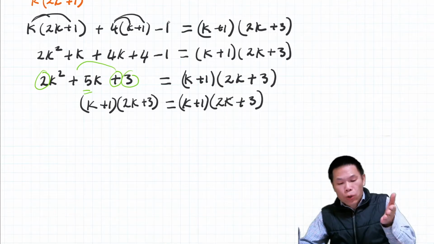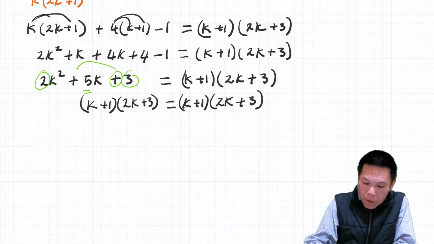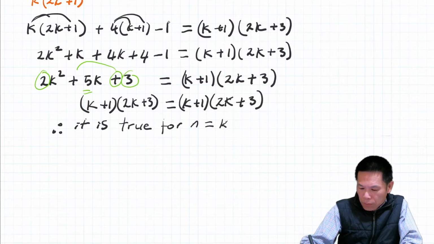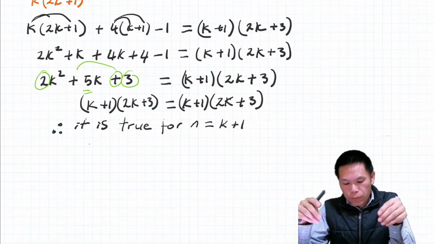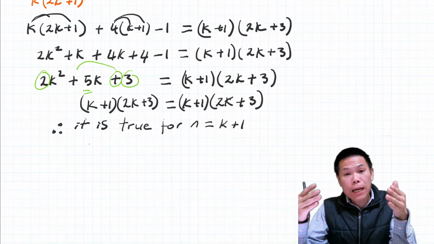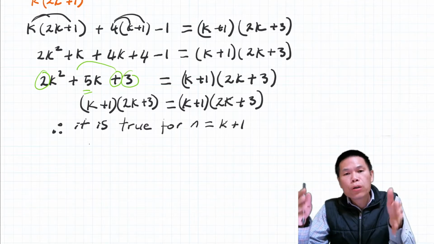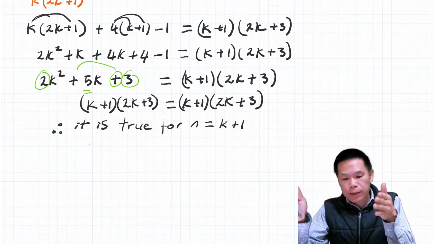So they are equal. So we just write therefore, we need to write the last statement, that is therefore the statement is true for all positive integer n.